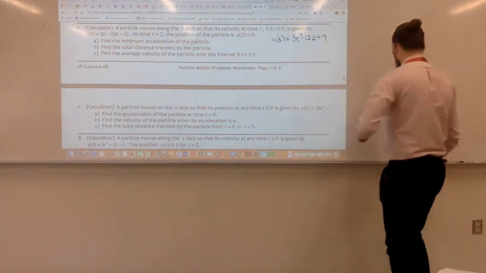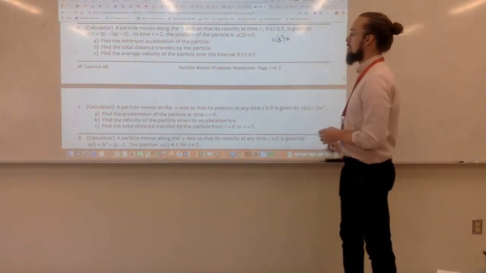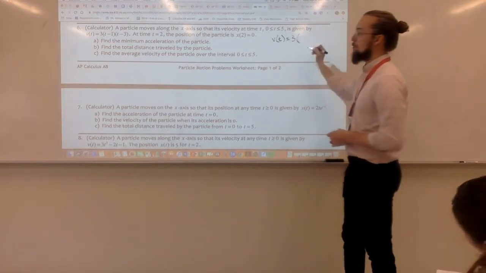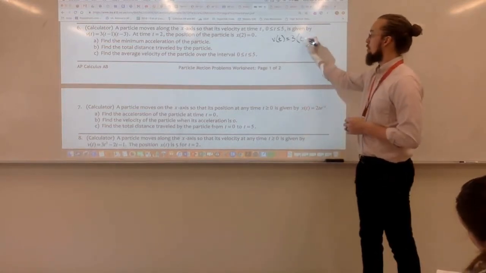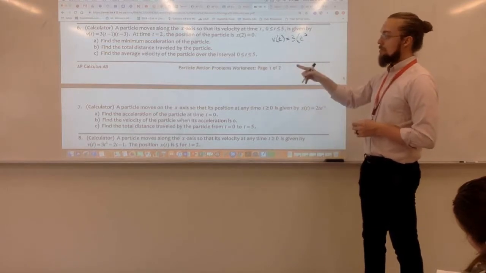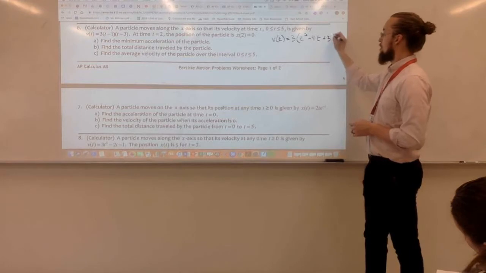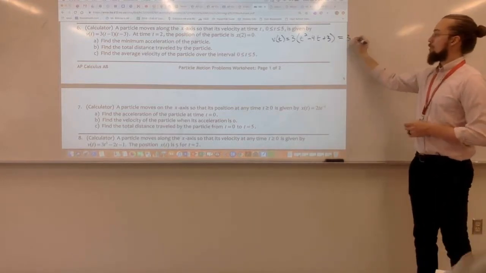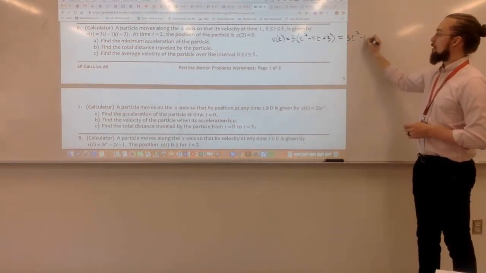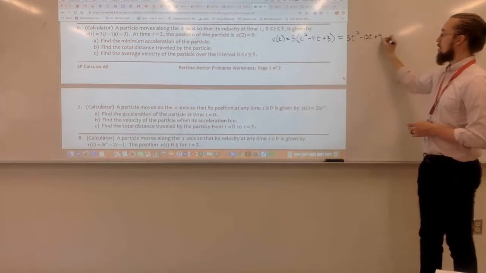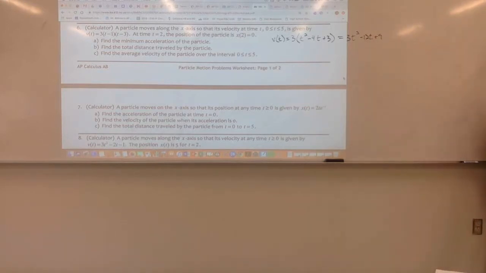Well, so here, I can do it in steps. So if we just multiply the t minus 1 and the t minus 3, we'd have t squared minus t minus 3t, so minus 4t plus 3. And then if we distribute the 3 through, 3t squared minus 12t plus 9.